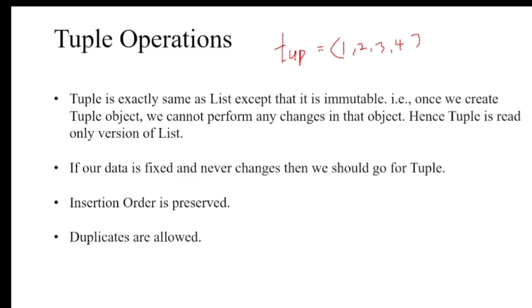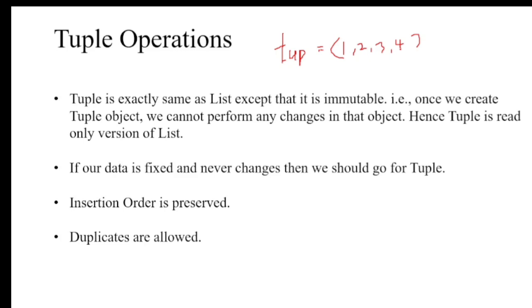Once I create this object, I cannot change any value from this tuple object. Yeah, so this is how we can create the tuples. So if our data is fixed and it never changes, then we should call for the tuple. So if you don't want any changes in your data, for example, let me give an example of marks records.